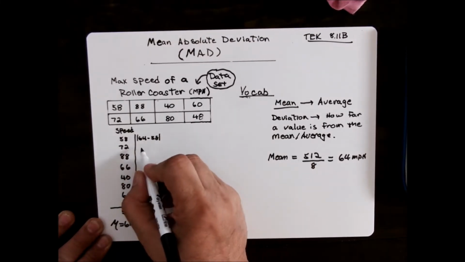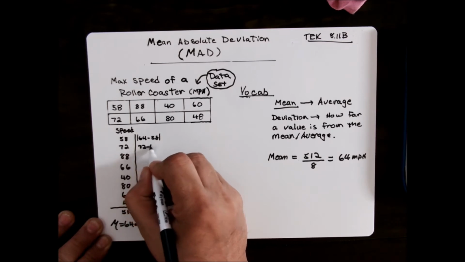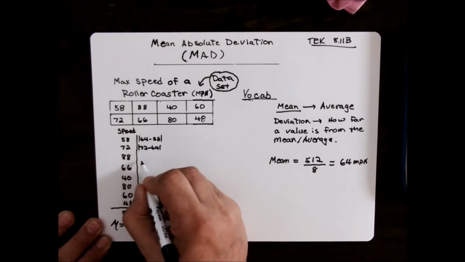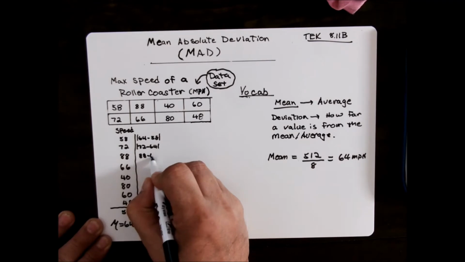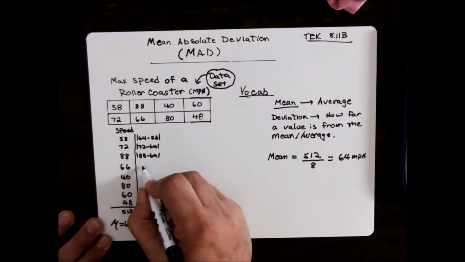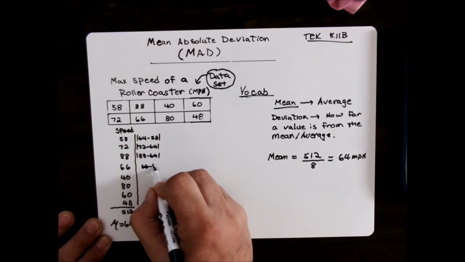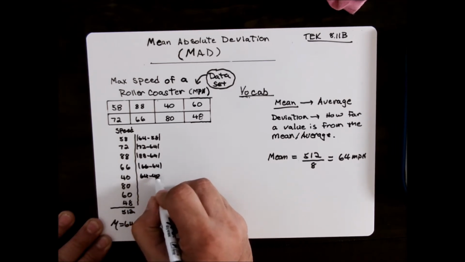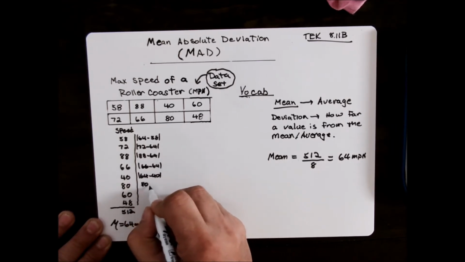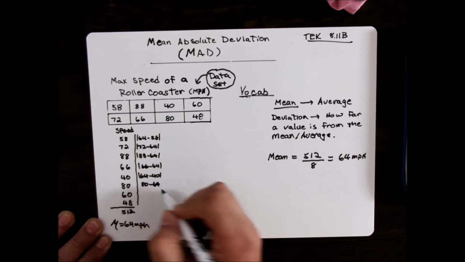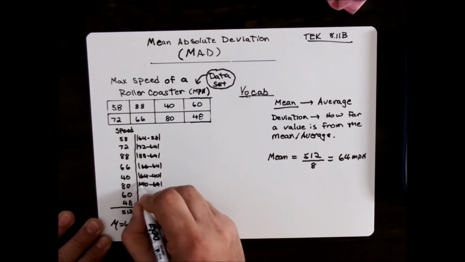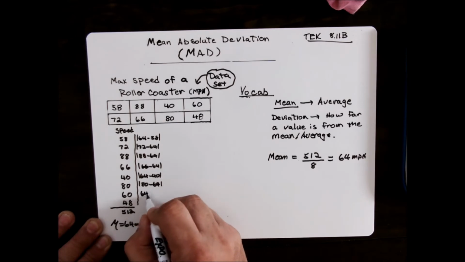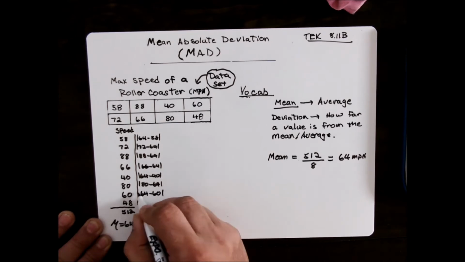So it's going to be 72 minus 64, 88 minus 64, 66 minus 64, 64 minus 40, 80 minus 64, 64 minus 60, and 64 minus 48.